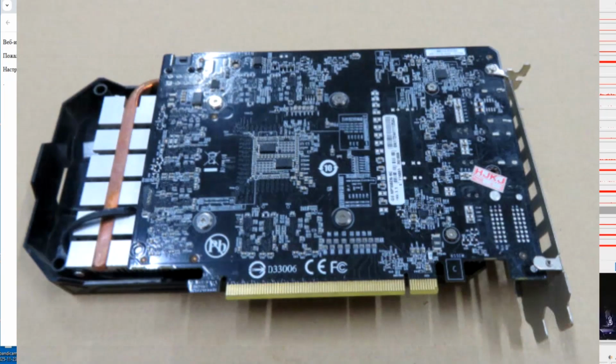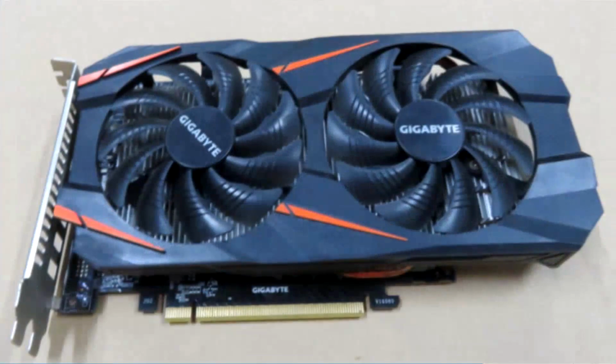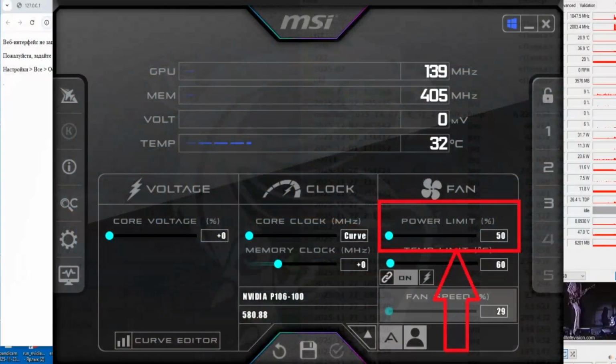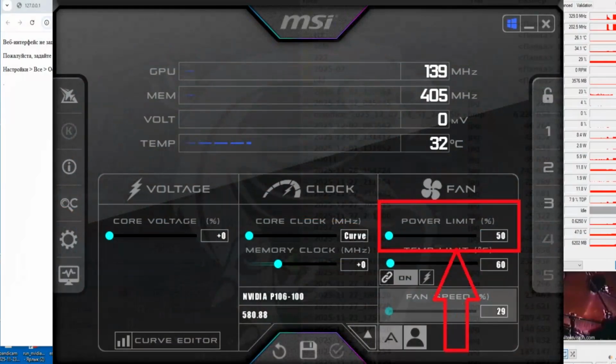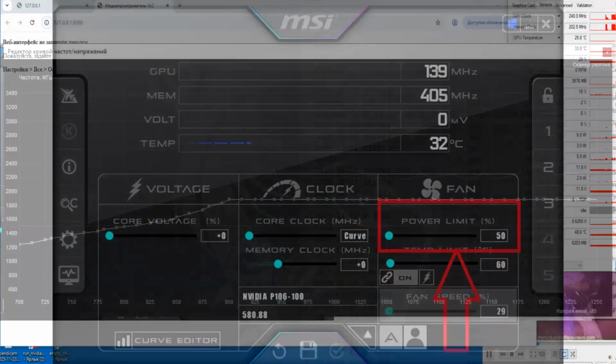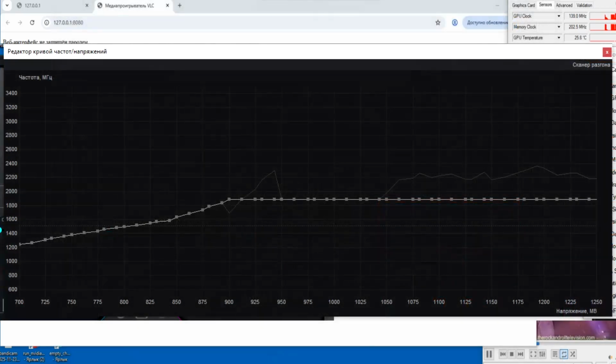We are working again with the NVIDIA P106-100 video accelerator, which is analogous to the GTX 1060. Today during the experiments we will limit the energy consumption of the video accelerator to 50% of normal and see how neural networks work.